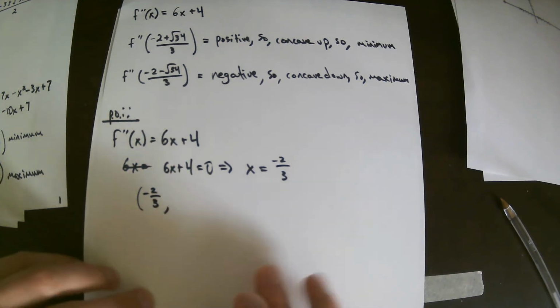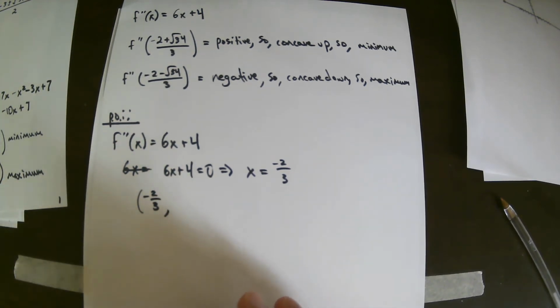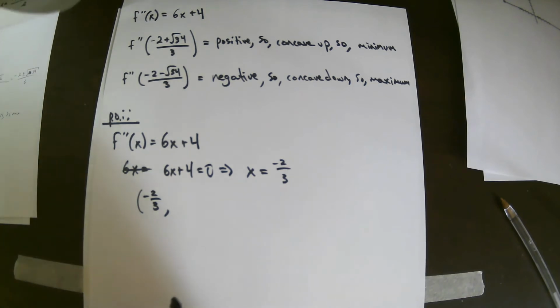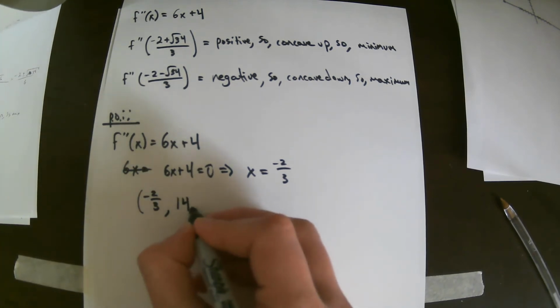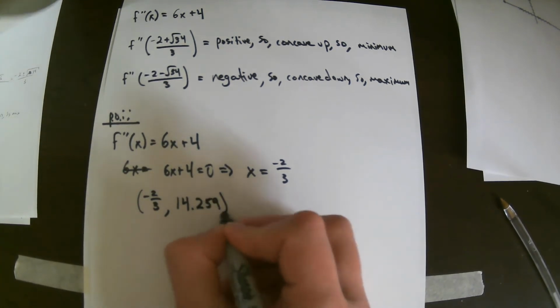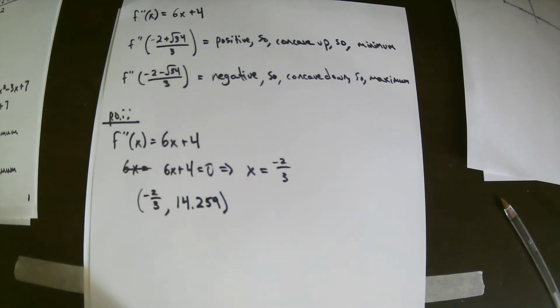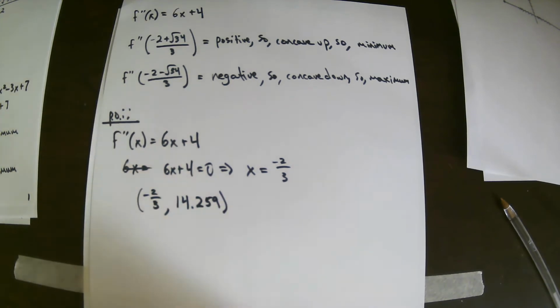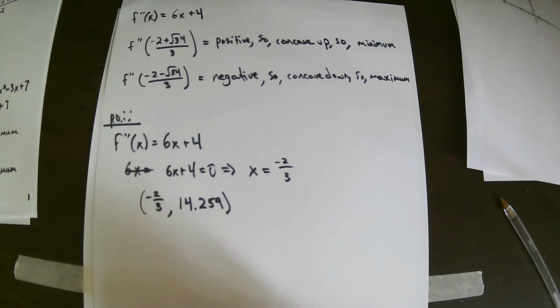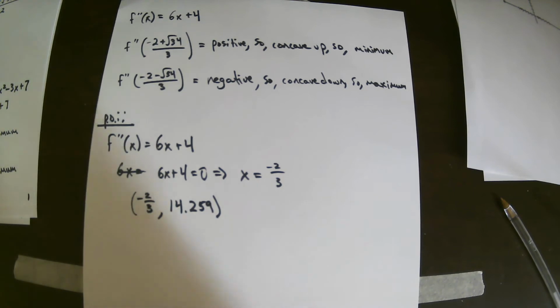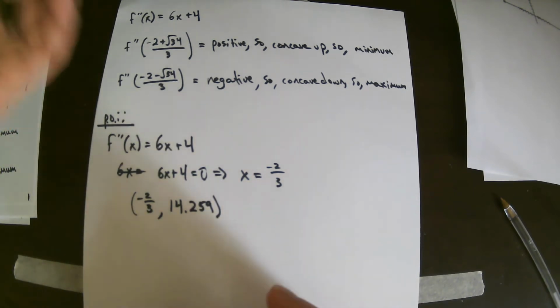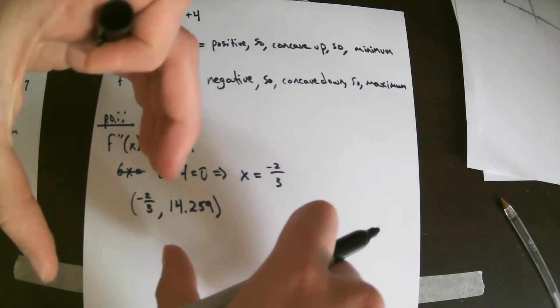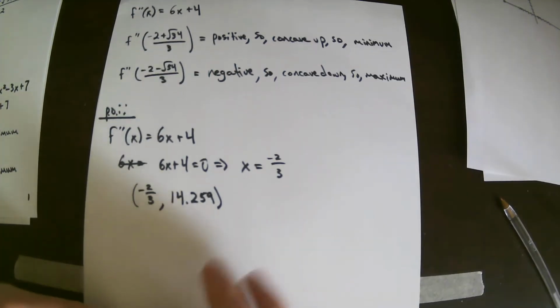The y value, plugging in negative 2/3 into the original function, gives me 14.259. So that's going to be a point of inflection where it turns from being either concave up or concave down to concave down or concave up. We're not sure yet if it's up then down, or down then up.